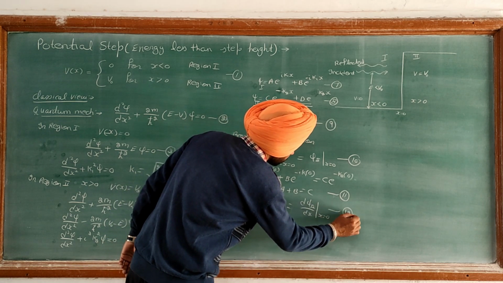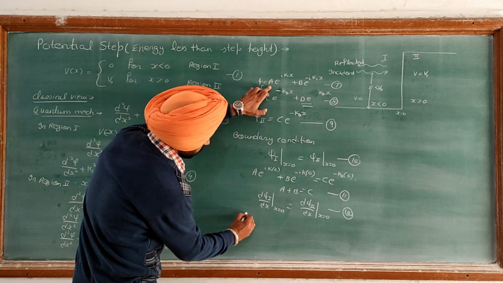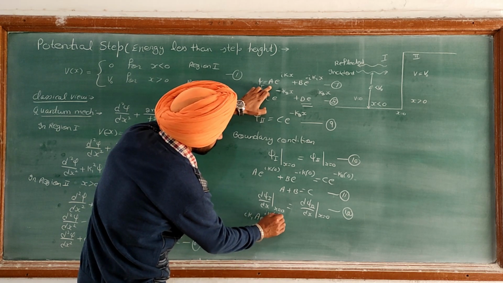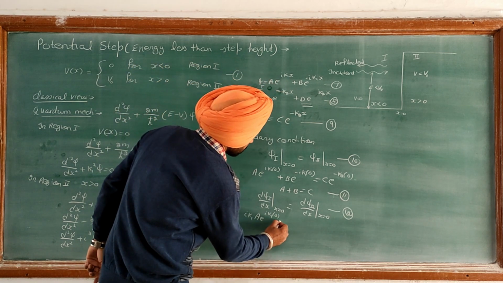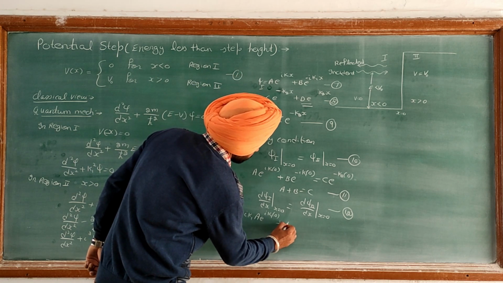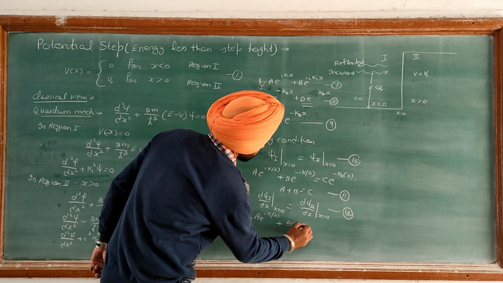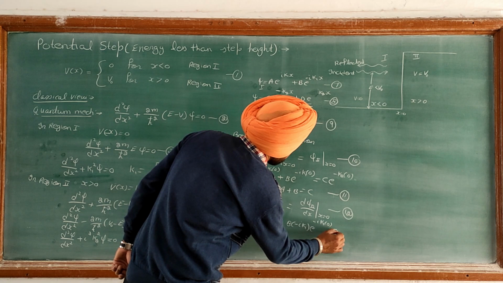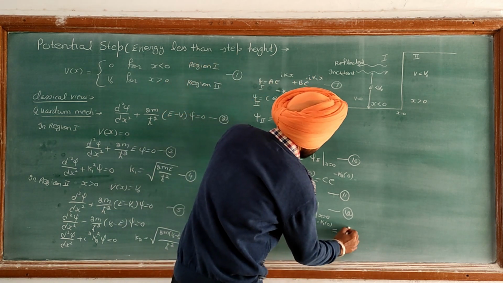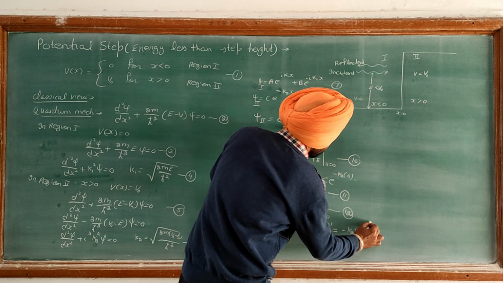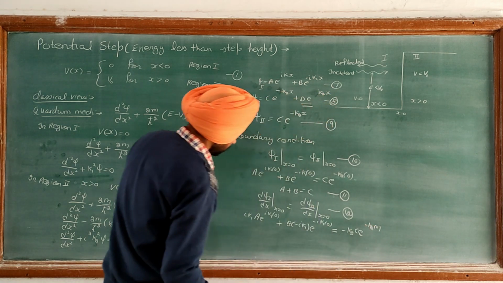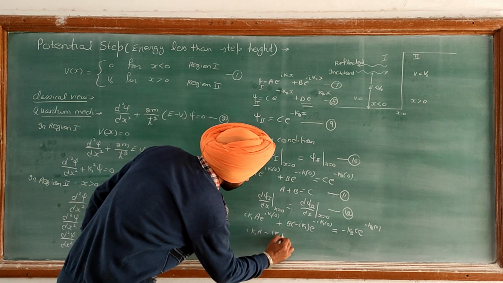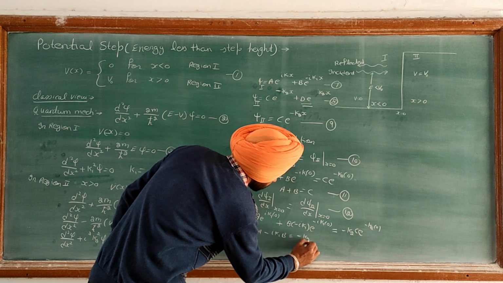This is the second boundary condition, and the derivative is iota k1 A exponential iota k1 x, substituting x equal to 0, minus iota k1 B exponential minus iota k1 x, with x equal to 0, is equal to minus k2 C exponential minus k2 into 0. So finally we have iota k1 A minus iota k1 B is equal to minus k2 C.